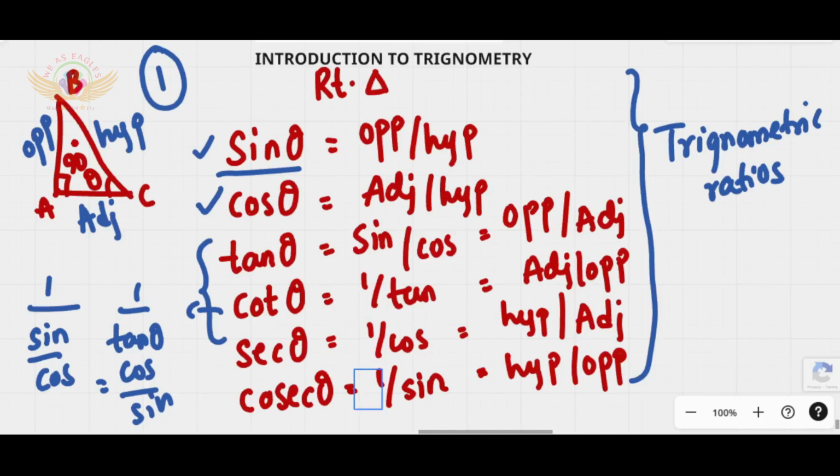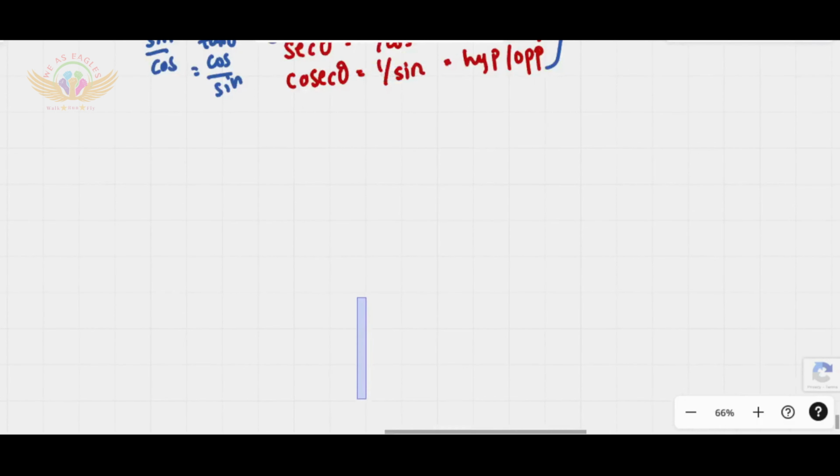Let us move to the next part, that is trigonometric angles. This theta, in the right angle triangle we just took, has an angle. If it is my A, B and C, and this is my theta, the sum of three angles of a right angle triangle is also 180 degrees.